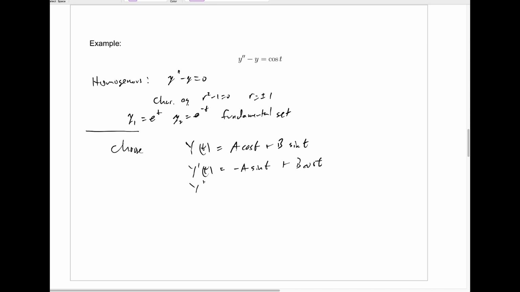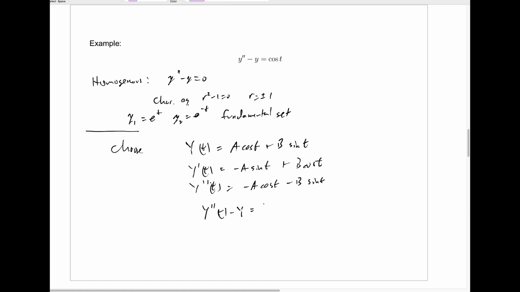Y double prime will be minus a cosine t minus b sine t. So y double prime minus y will be this minus this.